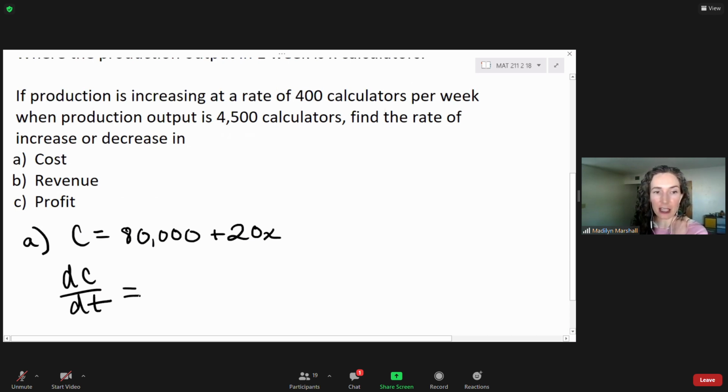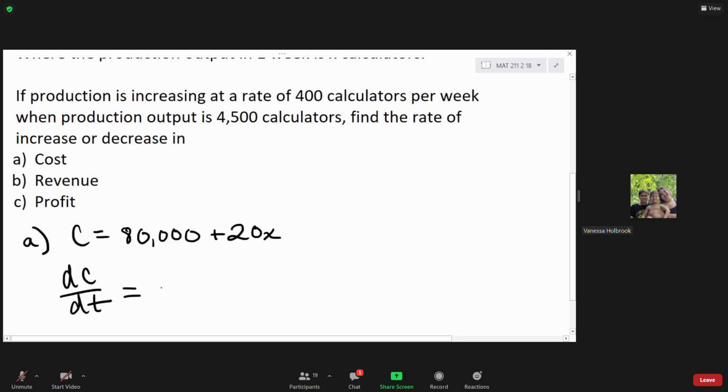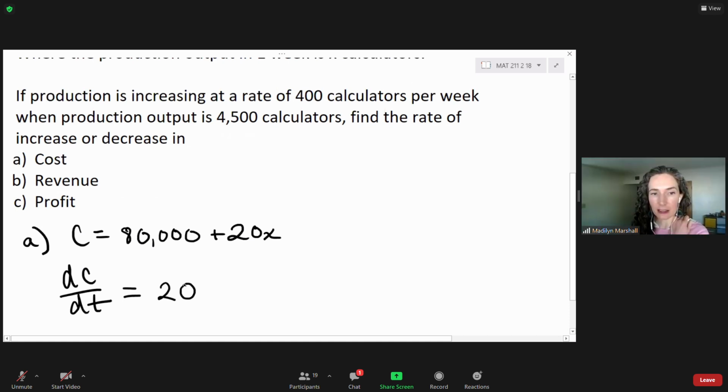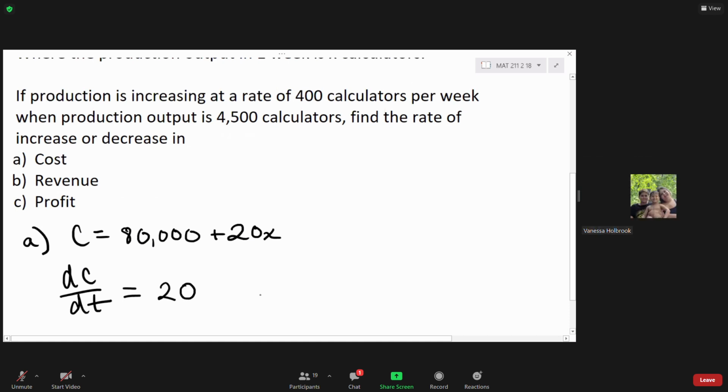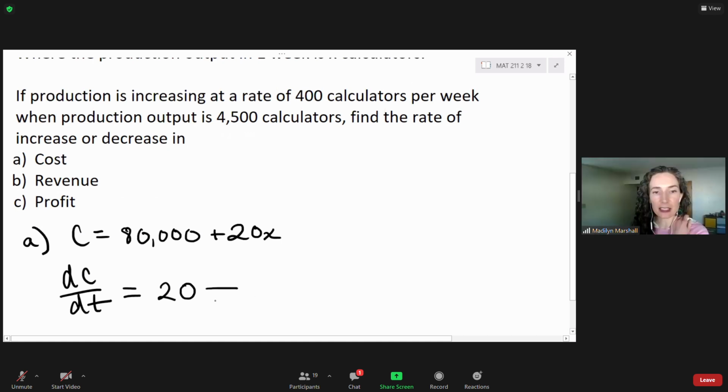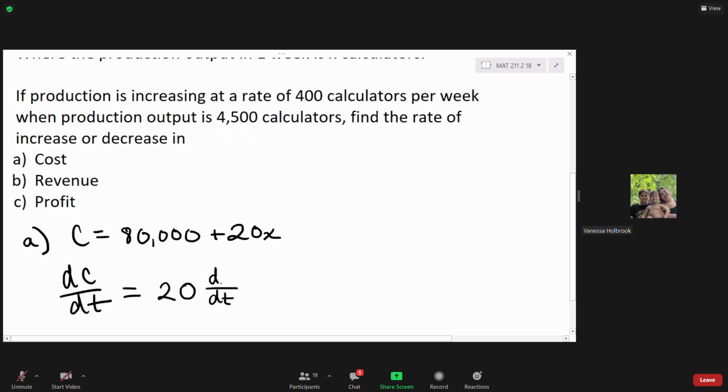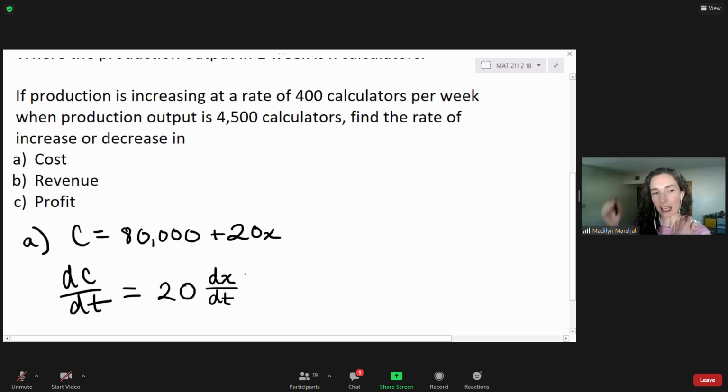So that's the first thing we should find, dc dt. Almost, we will have a dx dt. Yes, exactly, dx dt. So we're looking at the change in cost with respect to time now. We take the derivative of cost, which is just the 20, and then we have that dx dt on there as well to show that it's changing with time also.